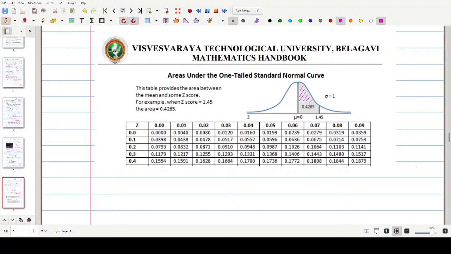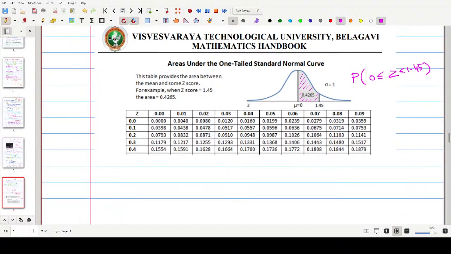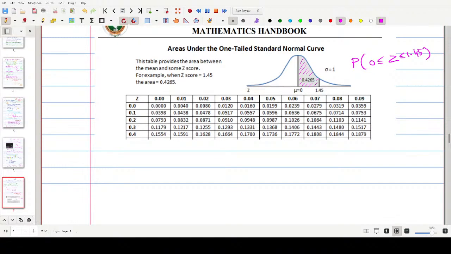The shaded region is the probability of the z value being between 0 and 1.45. Now, how do we get this 1.45 and all? That's what we'll be dealing with here.